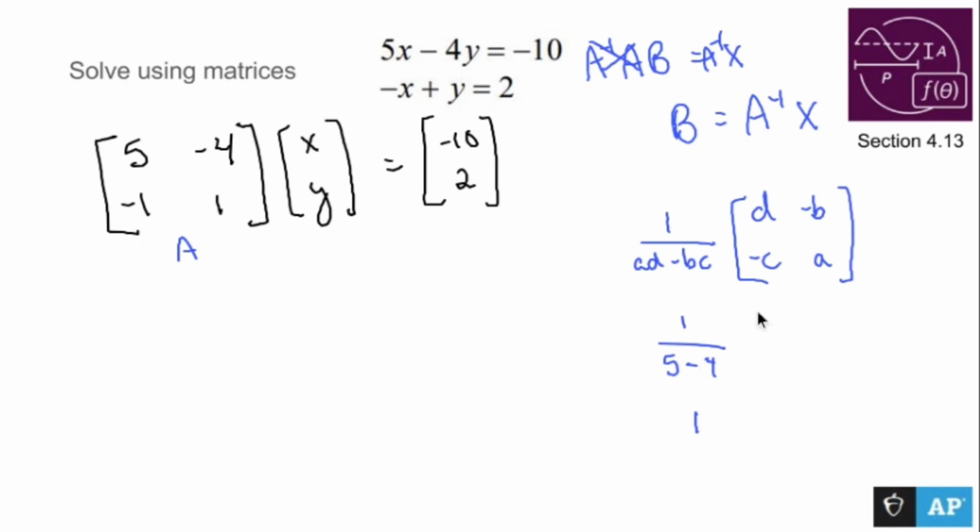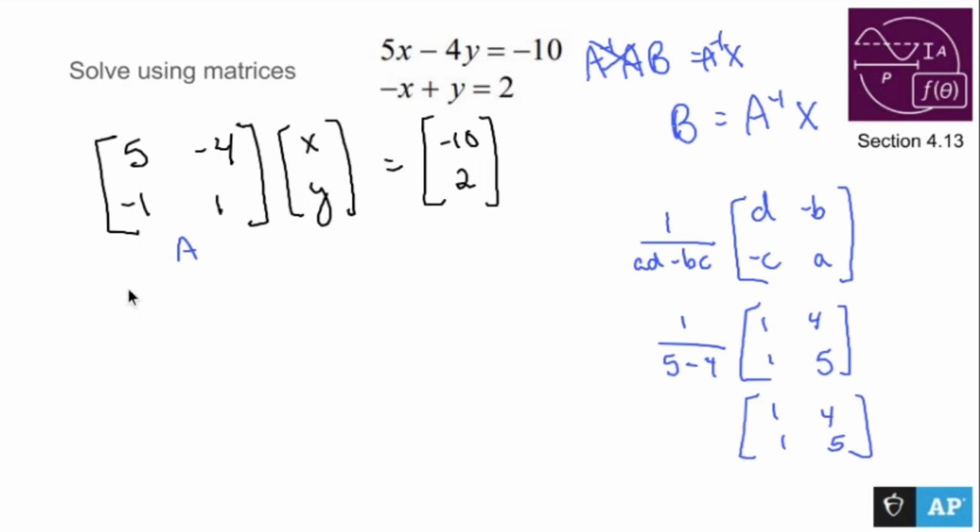Thankfully, we get 1. D is going to be 1, A is going to be 5, -4 is going to be 4, -1 is going to be 1. So 1 times that matrix is just 1, 4, 1, 5. So my inverse matrix is that guy right there.